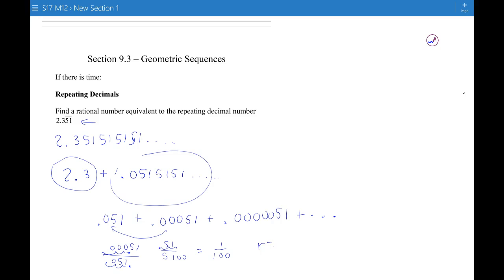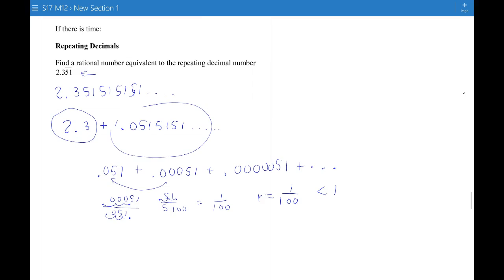So r is 1/100th. That's definitely smaller than 1, so this geometric series converges. And in fact, what it converges to is a, the first term, over 1 minus r, which is 1 over 100.